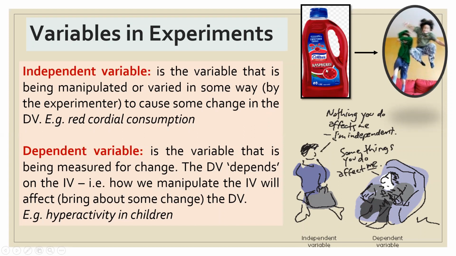That's what we're expecting to cause some change in the behavior. Okay, and we said that the independent variable is independent of, it's separate to the DV, but the DV is always kind of dependent. That's why it's called the dependent variable, because it's dependent on the actual IV to make an effect there.